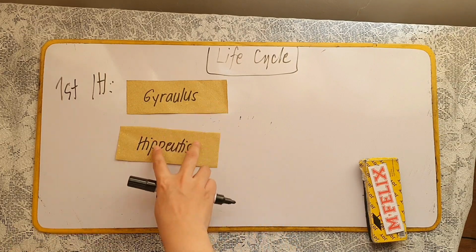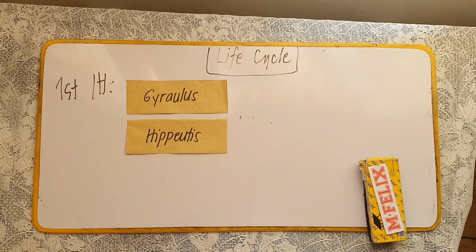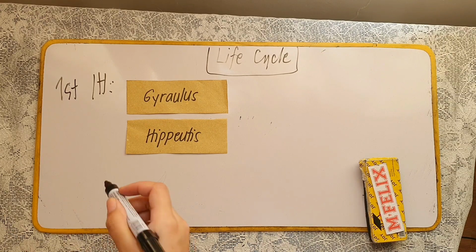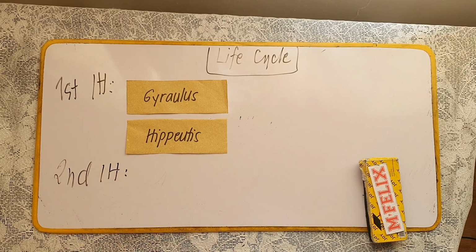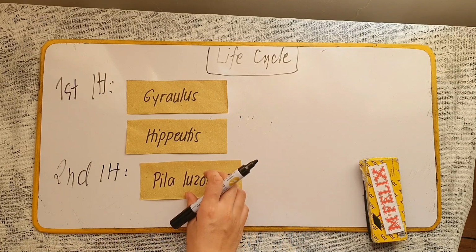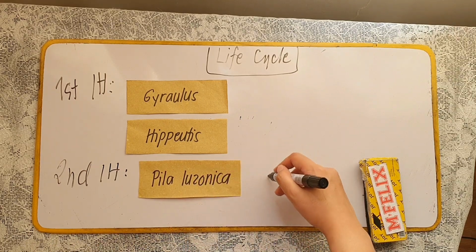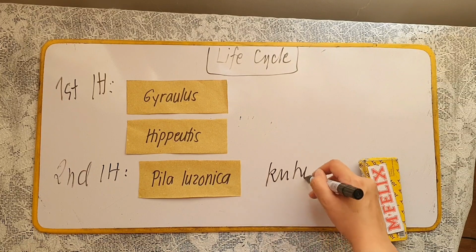Hippeutis also, Lymnaea and Fossaria. I believe that is in your handout also. While the second intermediate hosts are snails like Pila luzonica, or common name, ito yung tinatawag nating kuhol.